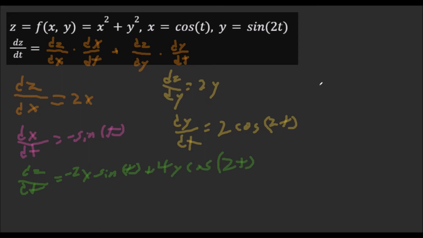Now, I'm not going to simplify this equation because I don't like to, honestly. But nonetheless, you'll get the gist of it, hopefully. So once more, dz/dt is equal to negative 2x sine t. However, x needs to be replaced with cosine of t. And so this term is going to be equal to negative 2 cosine of t sine t.